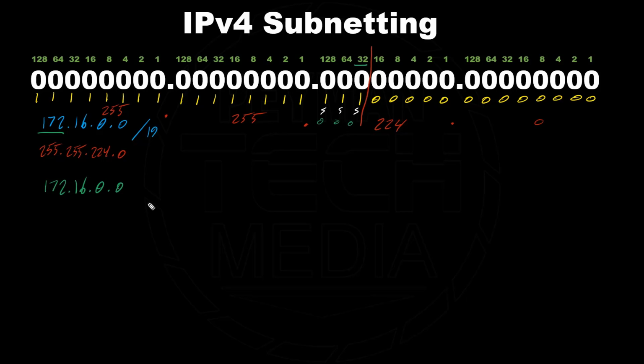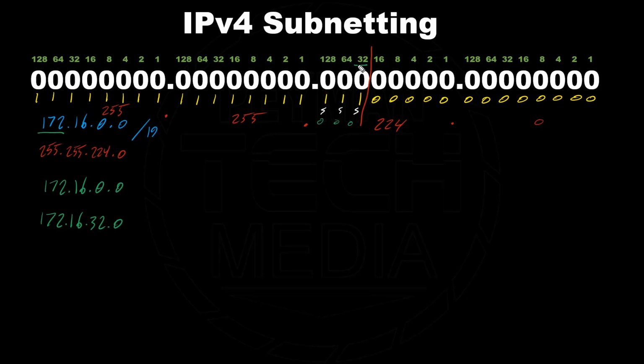We just apply the network increment on a working octet, or the interesting octet. So on step 4, to find out the next subnets, we just continue by incrementing using the block size ID. In this case, by 32 on the third octet, because the cut line is on the third octet. So the next subnet would be 172.16.32.0. Again, why 32 on the third octet? Because we are working on the third octet, and the last bit turned on, decimal value is 32.